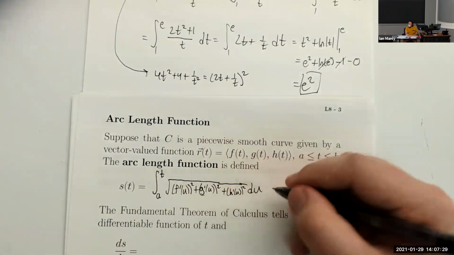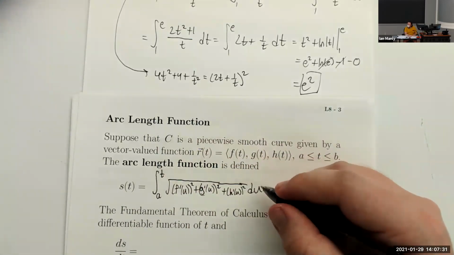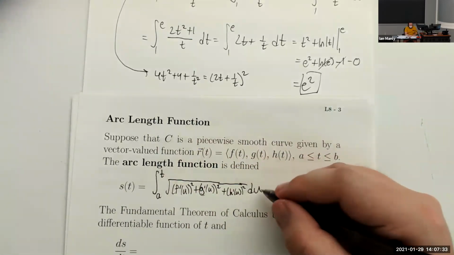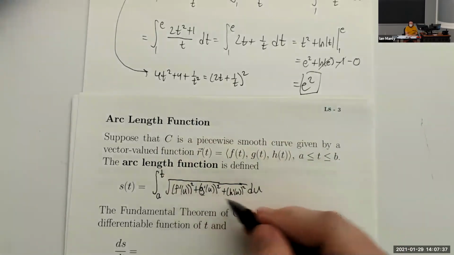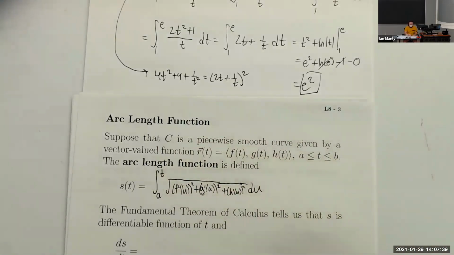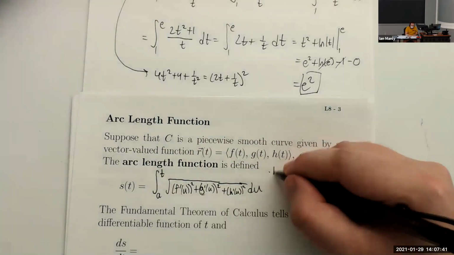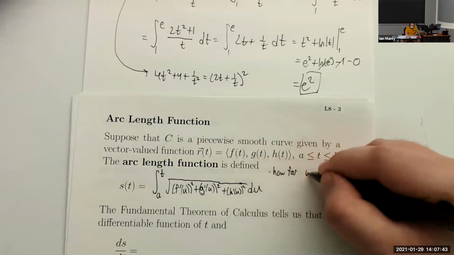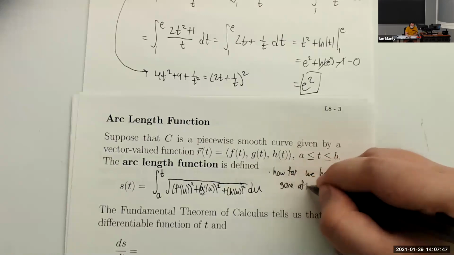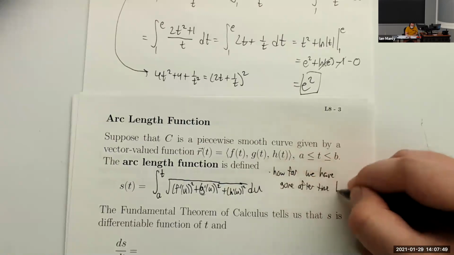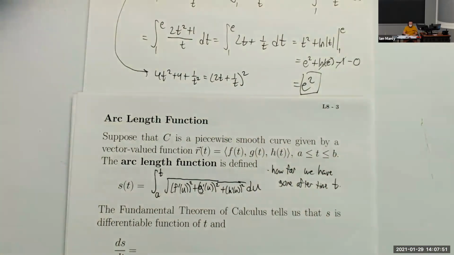Remember, du is what's called a dummy variable right here. Effectively, once we integrate this, we're going to stick the t in place of the u right here. So what this is saying is how far we have gone after time t. That's what this function represents.